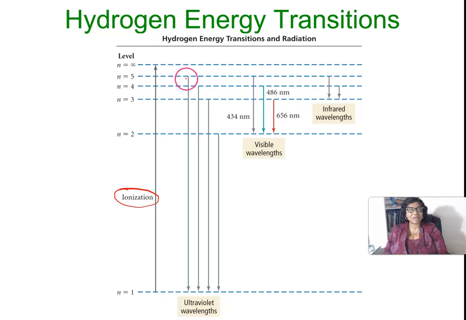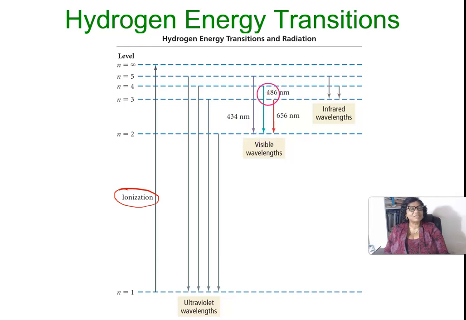It starts falling back. When it goes from n equals 5 to n equals 1, this is ultraviolet light. We can't see this. But when it goes from n equals 5 to n equals 2, it has about 434 nanometers. This is purple in color. When it goes from n equals 4 to n equals 2, it is green in color.